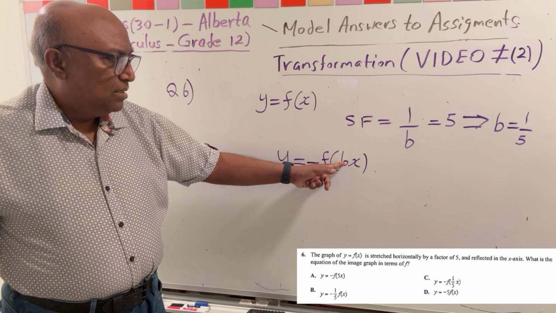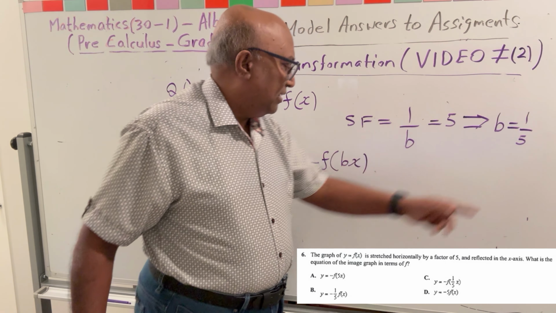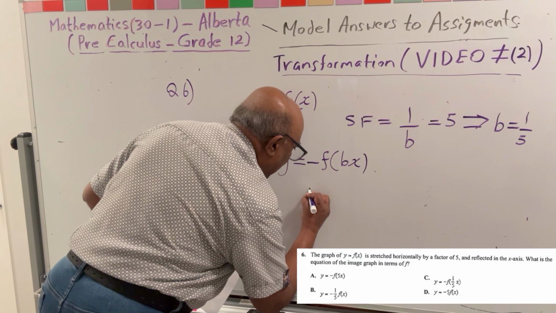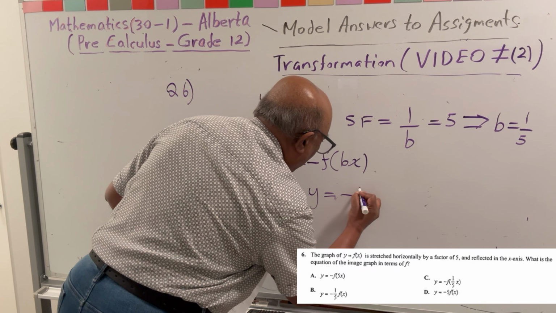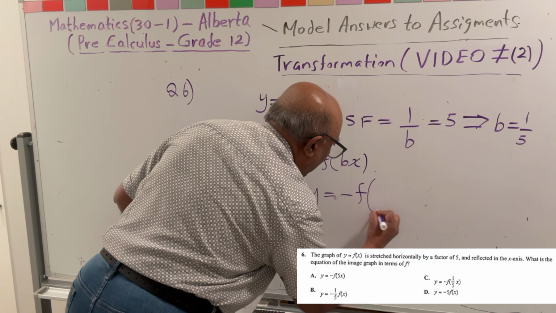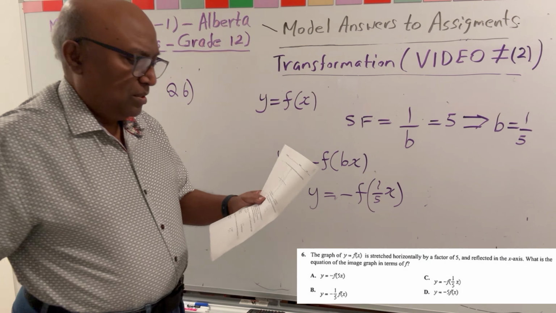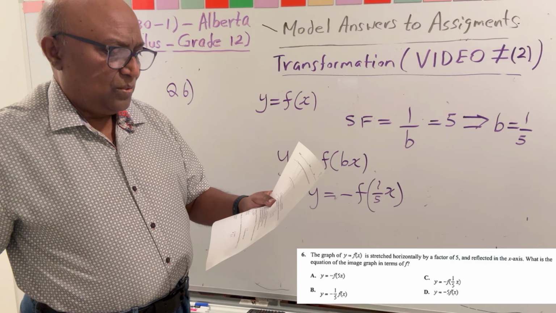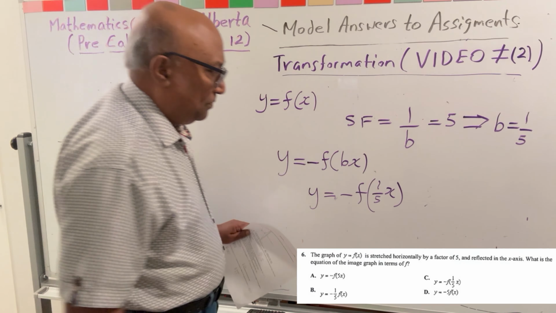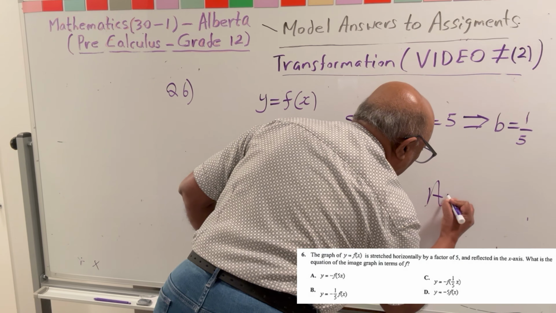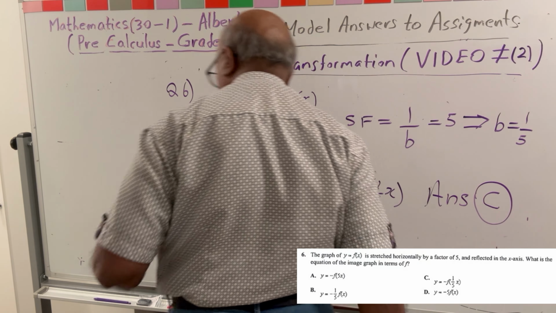Then we have to substitute the value of b. The value of b is 1/5. That means the relevant equation is y equal to negative f of 1/5 x. The correct answer is option C.